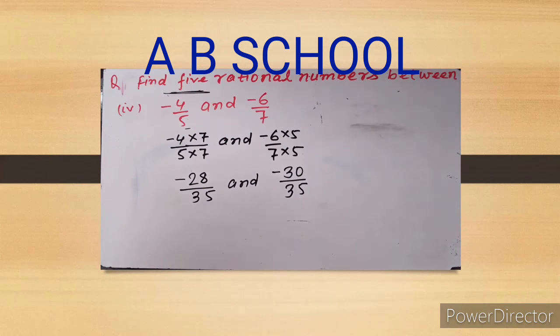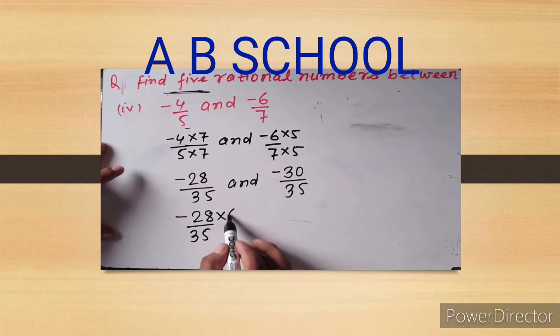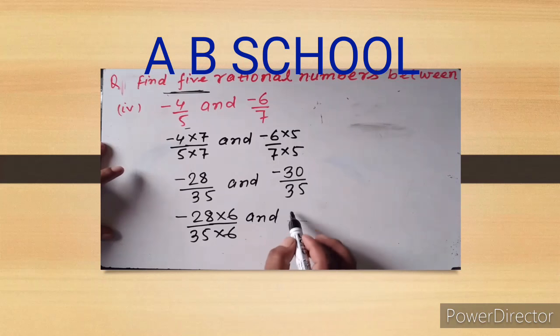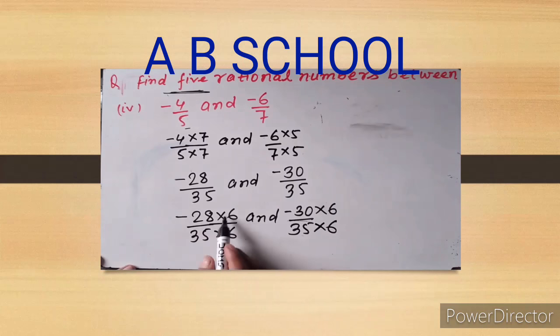We will take one number ahead of 5, which is 6. We will take -28 by 35 and multiply it by 6, and the denominator also by 6, and -30 upon 35, we will multiply this one also by 6.